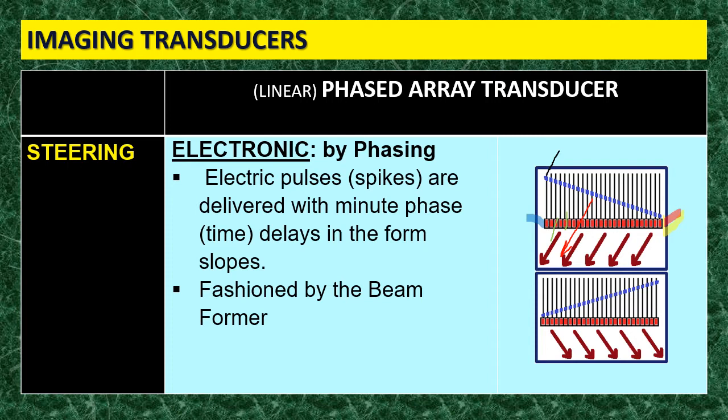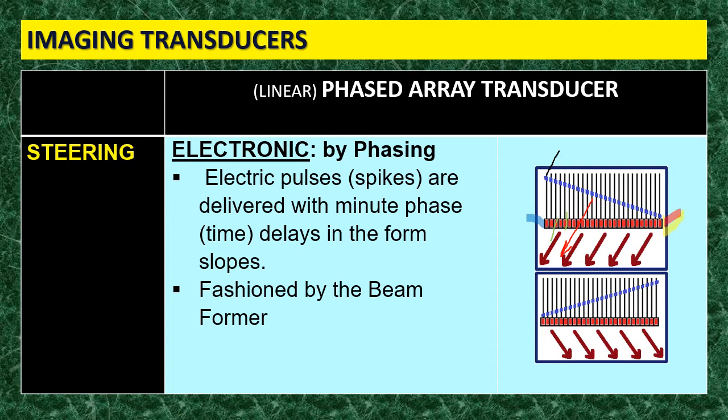If I put it in simple words, the steering is by electronic phasing, meaning that all the electric pulses, or electric spikes, are delivered with minute or phase time delays in the form of a slope. Having a slope here, this will get the beam in this way.